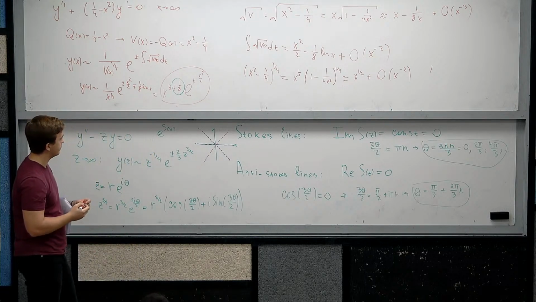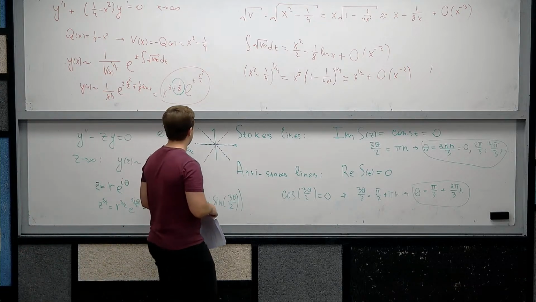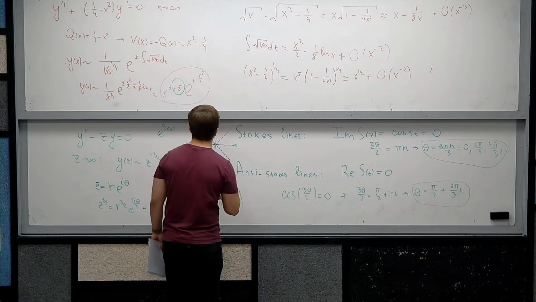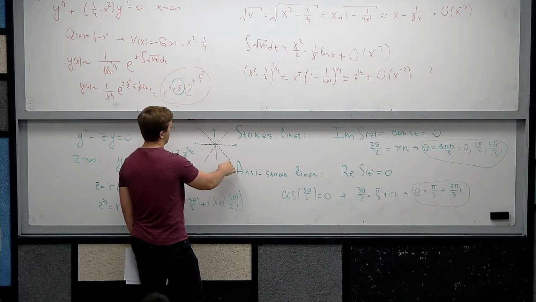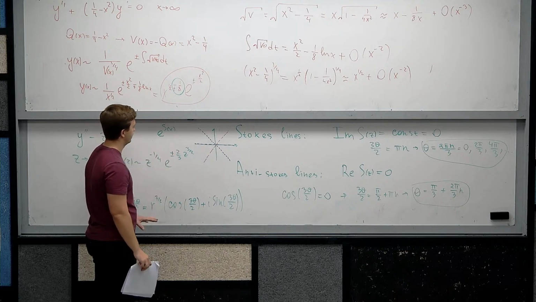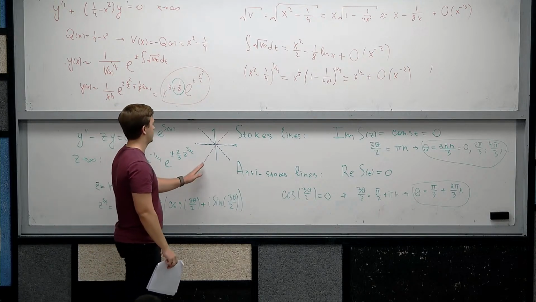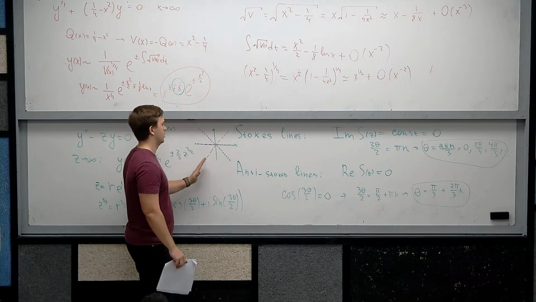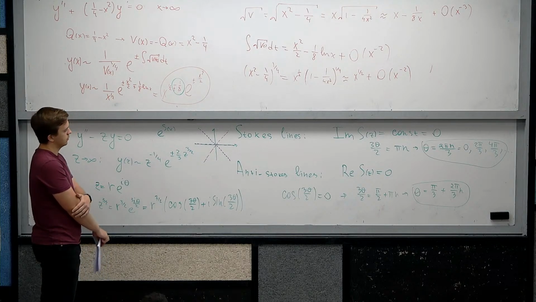Okay. And now we can look at this. For example, if we are on a Stokes line, whether this or this, our solution is just a real solution, a sum of two exponents, one decaying, one growing. If we are on an anti-Stokes line, the solution is oscillating, so just the sum of sine and cosine.